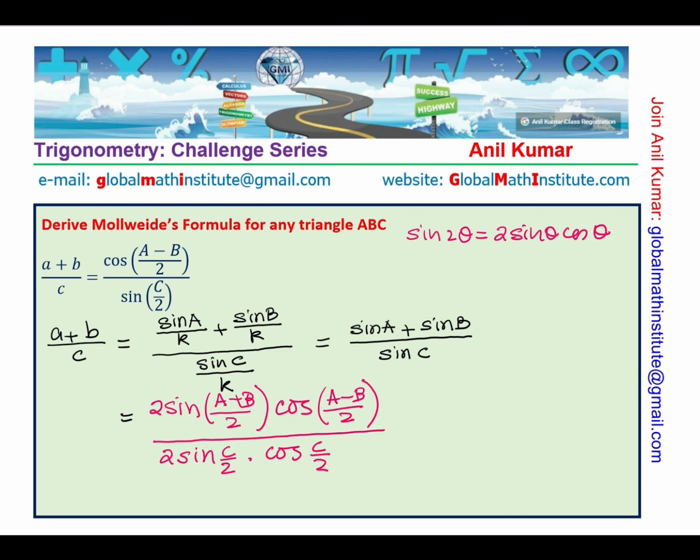Now, what is sine C by 2? We are interested in figuring that out. It's a triangle, so C is 180 minus (A plus B).